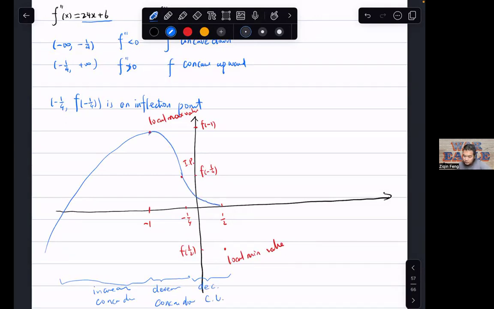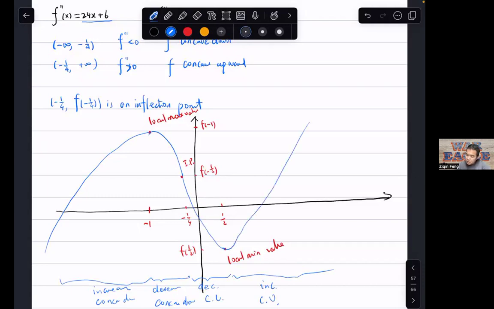And from 1/2 to infinity, the function is increasing and concave upward.